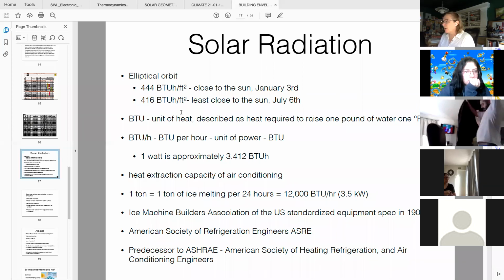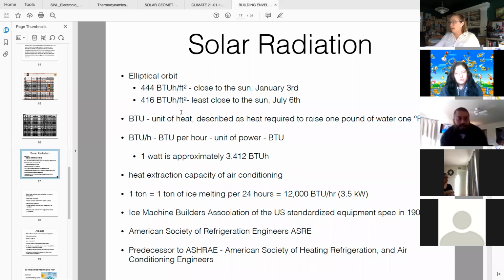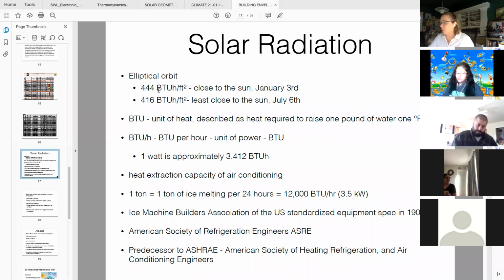As you recall from our solar geometry, the Earth's orbit around the sun is elliptical, but it's not an exact ellipse around the sun. One of those factors of why our equinox and our solstice days can vary a little bit, is that in January, and again, this is northern hemisphere, more solar radiation hits the Earth than in July when the sun is a little bit farther away.